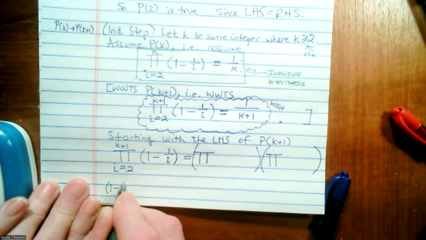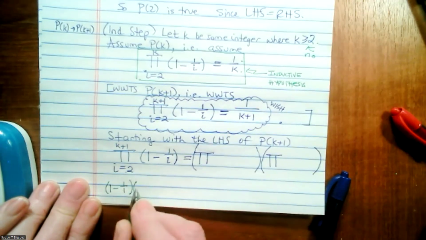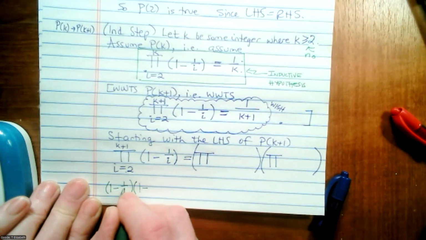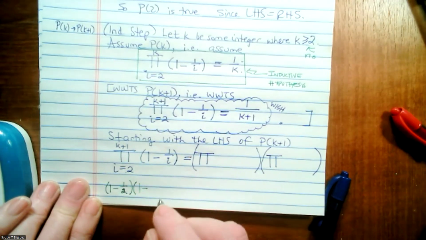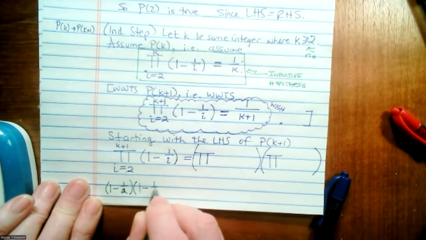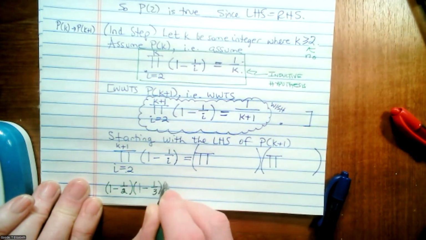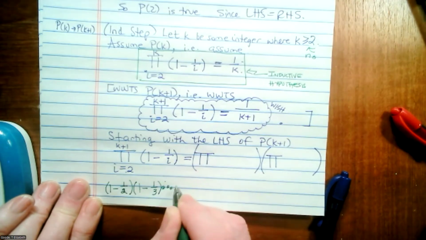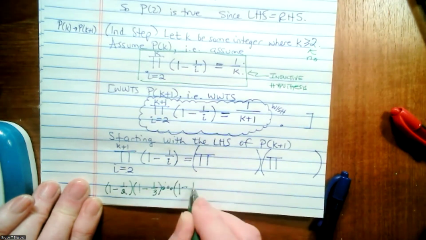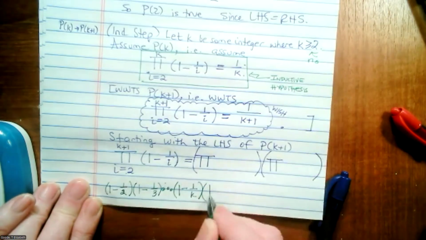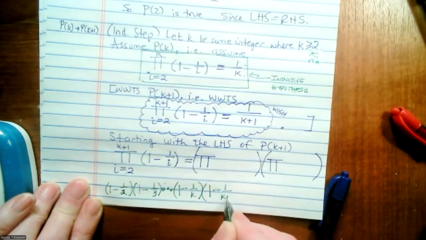This is 1 minus 1 over 2 times 1 minus 1 over 3 times dot, dot, dot, times 1 minus 1 over k times 1 minus 1 over k plus 1.